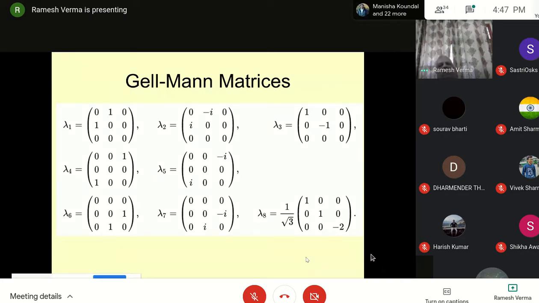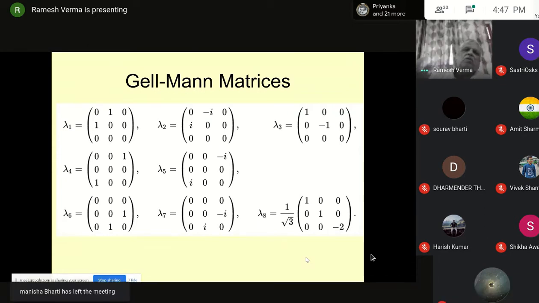You will end up with nine 3 cross 3 matrices, which will act as generators of three things. In fact, this may remind you of how you develop a rotation in a three-dimensional space, a real vector space.